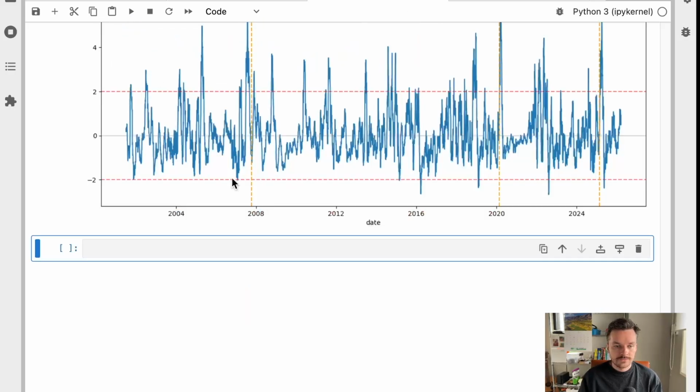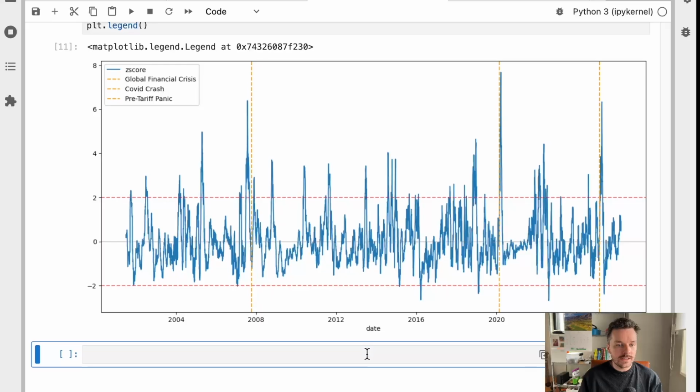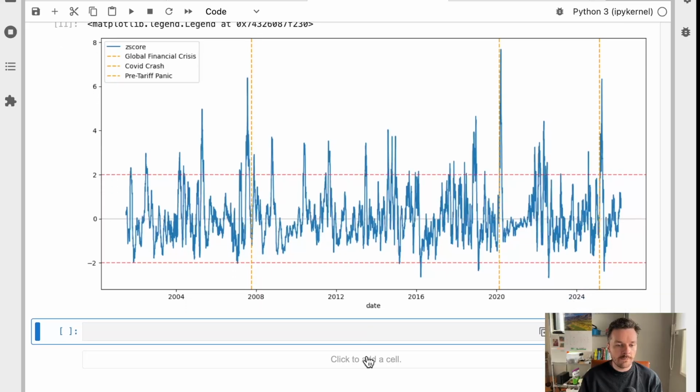So let's run these. And then you can see that you have this nice z-score map of what is outside the range of the norm being 0. And obviously, if you look at these peaks, and if you go to looking at this S&P 500, for example, you can see where these spikes coincide with some drops. Now, it doesn't mean the market drops.